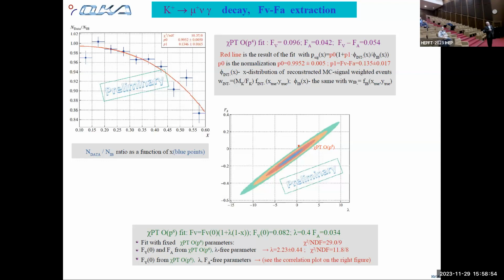So if there would be no interference term, int minus, we would have a constant, just one. But you see, we observe not a constant but a falling distribution.